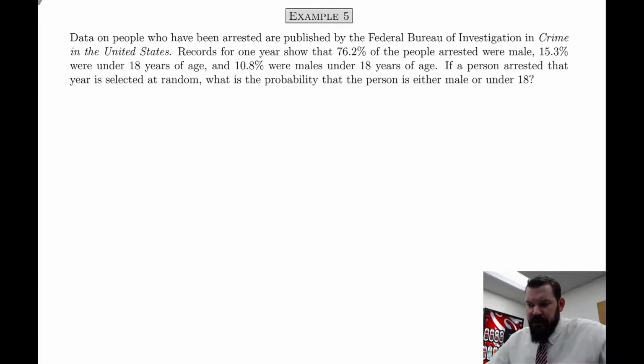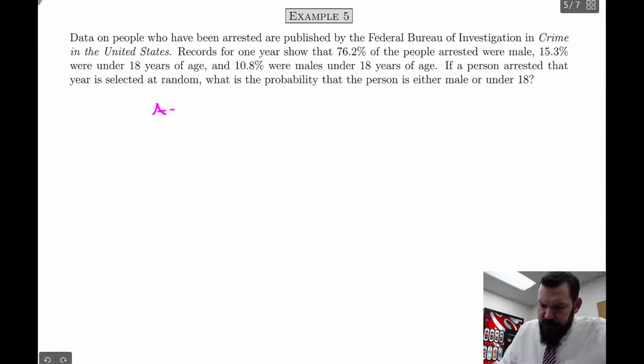If a person arrested that year is selected at random, what is the probability that the person is either male or under 18? Let's call A the event that the person selected is male, and B the event that they are under 18.